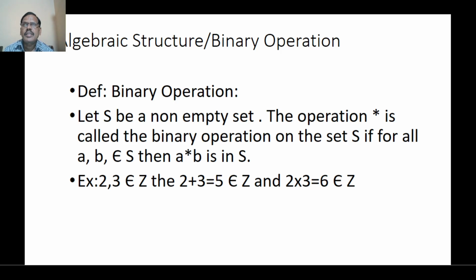If you take 3 and minus 3 and add them, you get 0, that is also an integer. So in this way you can take any two elements from the set of integers and add them, then the resulting element is also an integer.